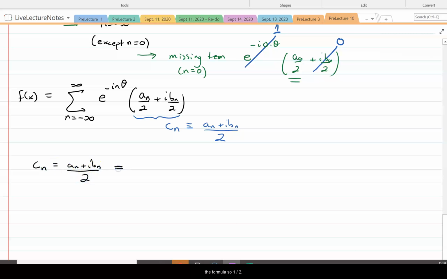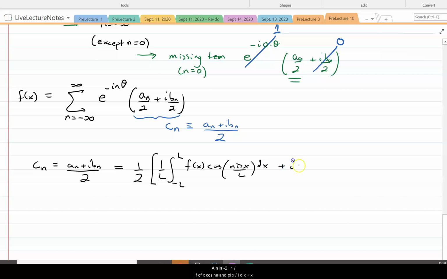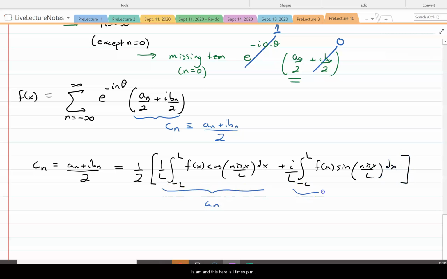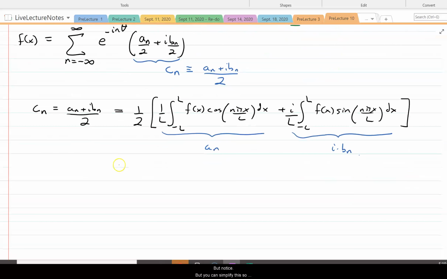And let's write in the formula. So 1 over 2. An is minus L to L, 1 over L, f of x, cosine n pi x over L dx, and then plus I times bn, minus L to L, f of x, sine n pi x over L dx. So this here is an, and this here is I times bn. But notice that you can simplify this. So let me pull out the 2L.